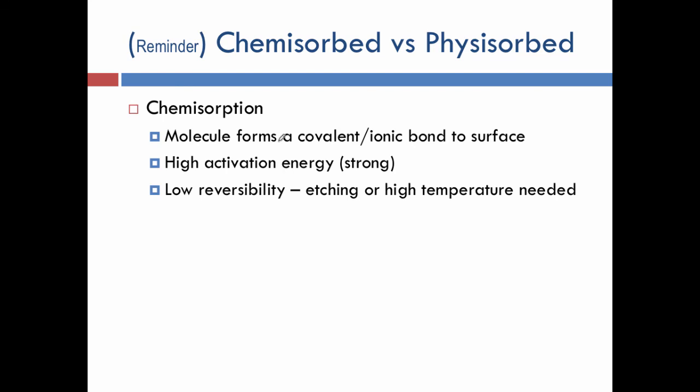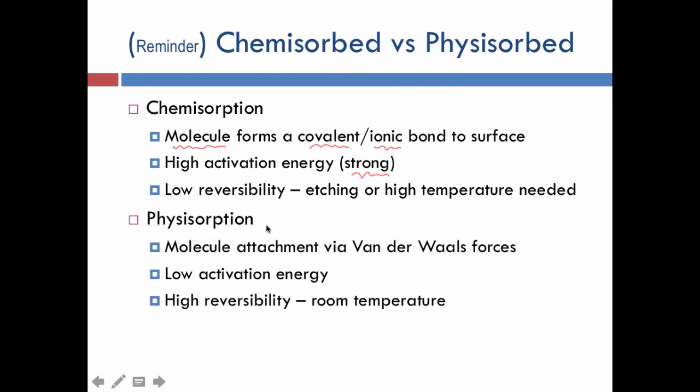And this quite simply is a process where a molecule from a solution chemically bonds with a covalent or an ionic bond. And because it's a covalent or ionic bond, it is a strong bond. In other words, it's a very high energy bond to break. And not surprisingly, it has a low reversibility. Right? So it requires either very strong etchants or perhaps a high temperature to remove it.